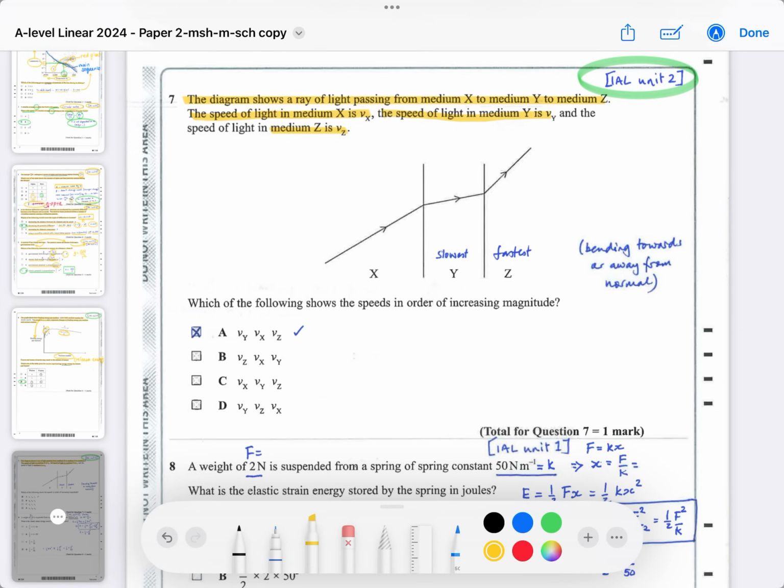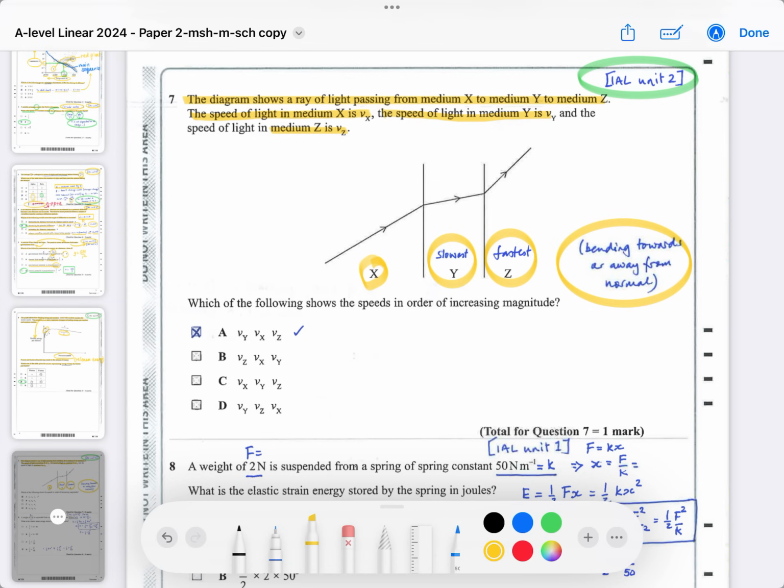If it bends the most towards the normal, it must be the slowest. So Y is the slowest, and Z bends away from the normal more than the original direction of X. So slowest is Y, fastest is X. This is how you work it out, bending towards or away from the normal.